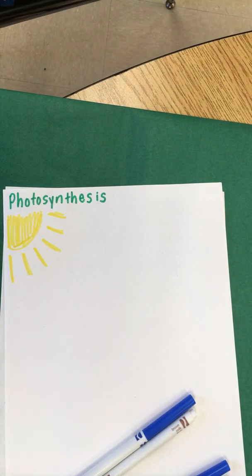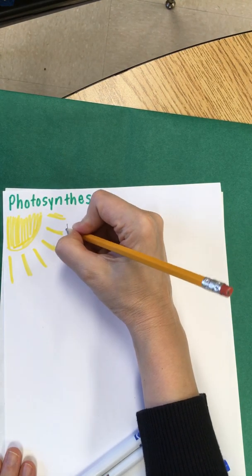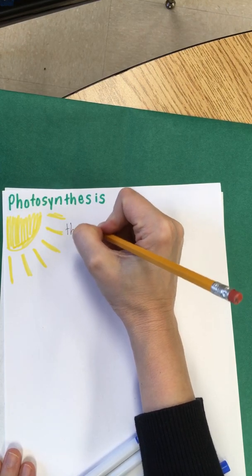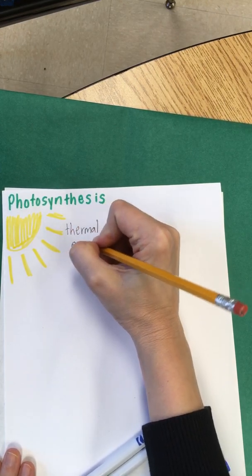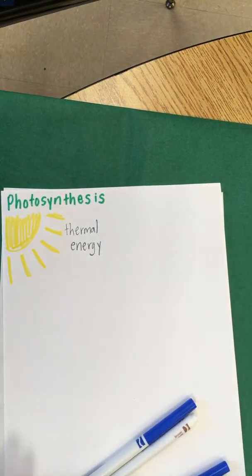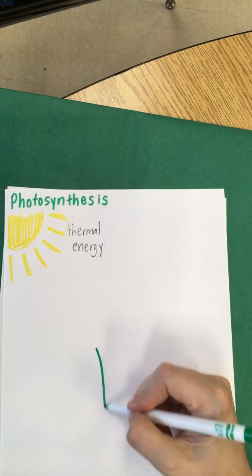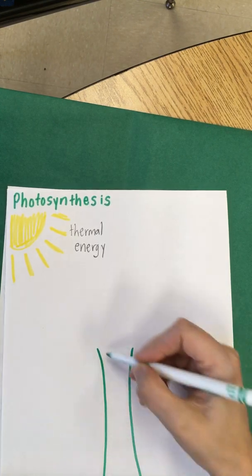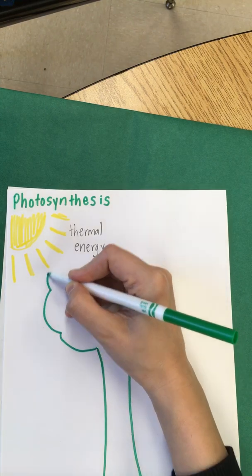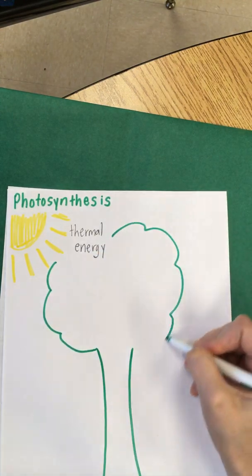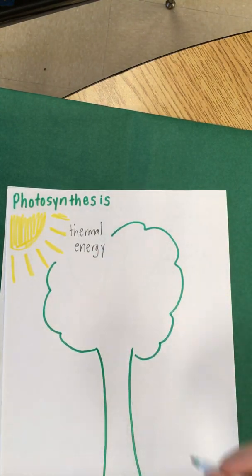So we're going to label the rays from the sun. This is our thermal energy, meaning energy that has heat. We're going to convert thermal energy to chemical energy inside the plant.